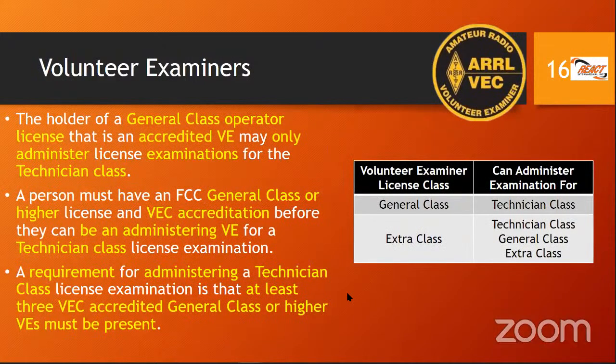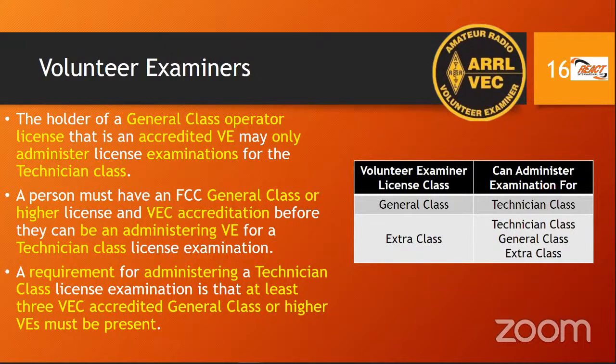So you may be wondering, can I become a VE if I'm a technician class? No, you cannot. You need to be a minimum of a general class licensee to become a VE. So you can be a general class, you can be an extra class, and you can be a VE that way.